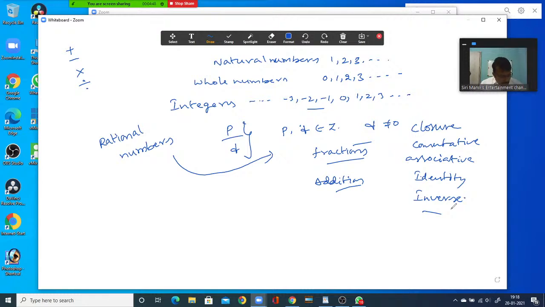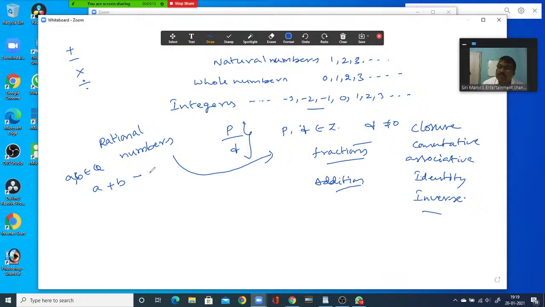Now I am going to take exercise 1.1. Closure property means if a and b are rational numbers, then a plus b is also a rational number.